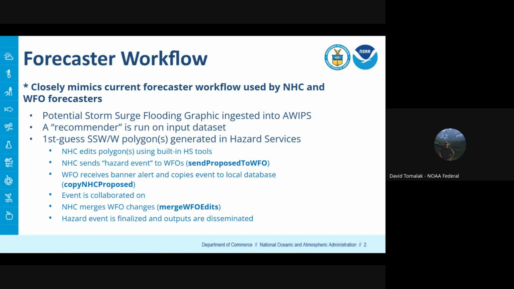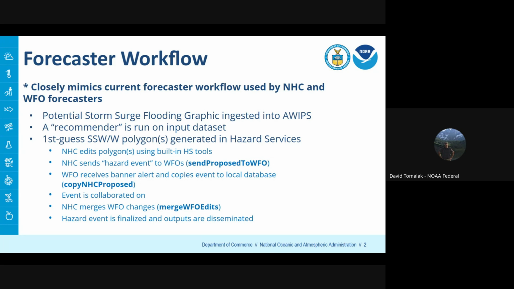It closely mimics the current forecaster workflow used by the National Hurricane Center and WFO forecasters. Potential storm surge flooding graphics are ingested into AWIPS. A recommender from within Hazard Services is then run on the input that was ingested. A first guess is generated within Hazard Services. The National Hurricane Center then edits the polygon using some built-in tools.